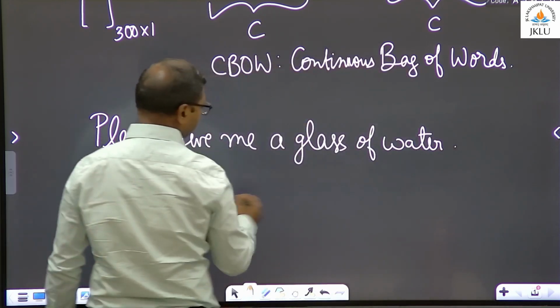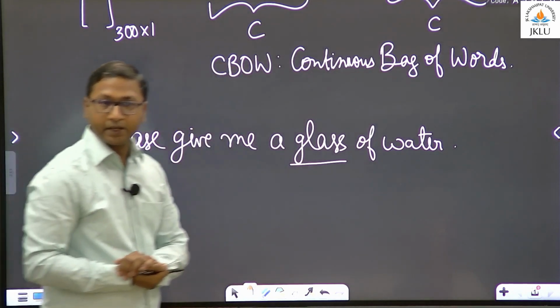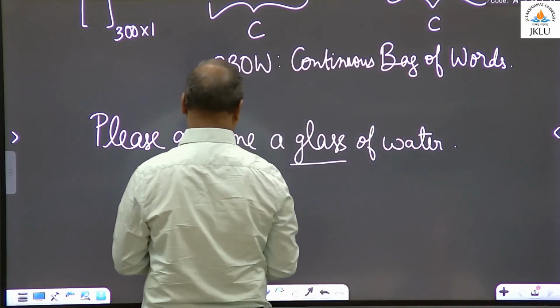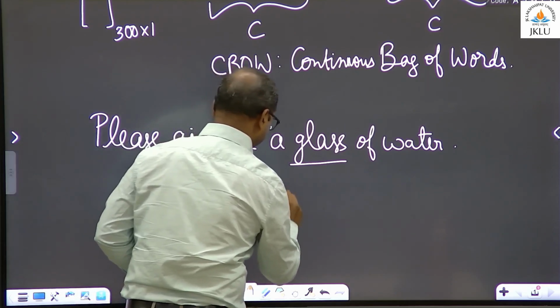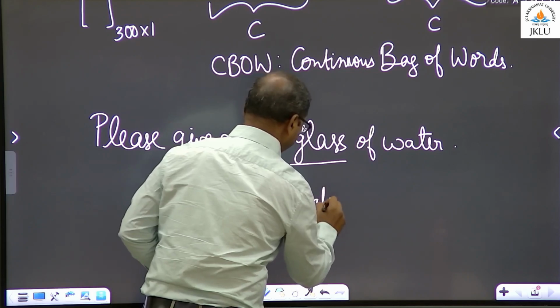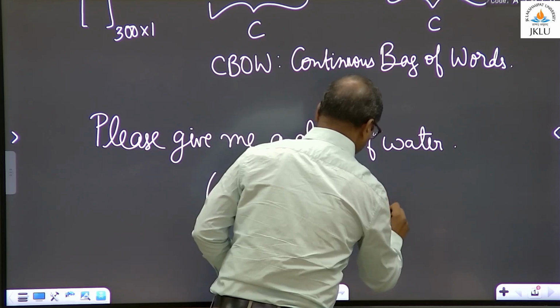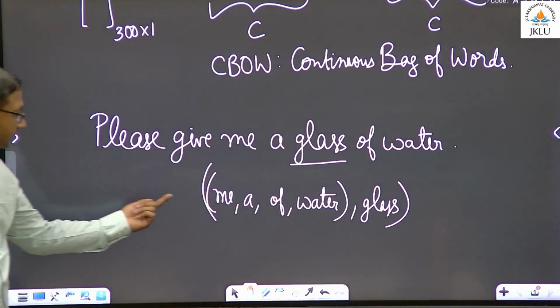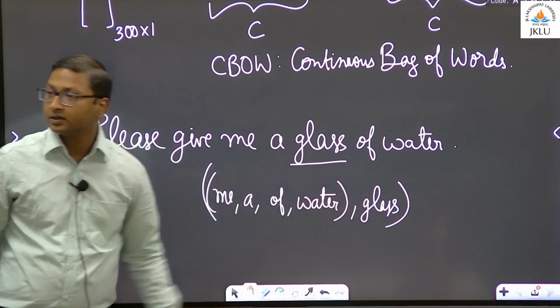So let's say if this is my center word, window is 2, what will be my example? Right? So given these 4 words, I am supposed to predict glass.